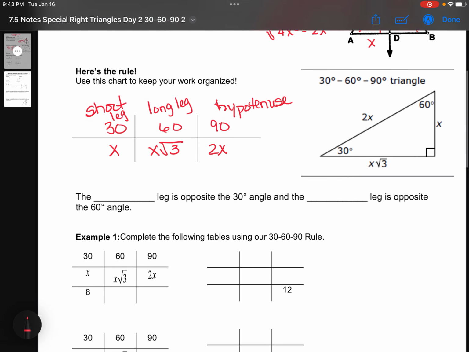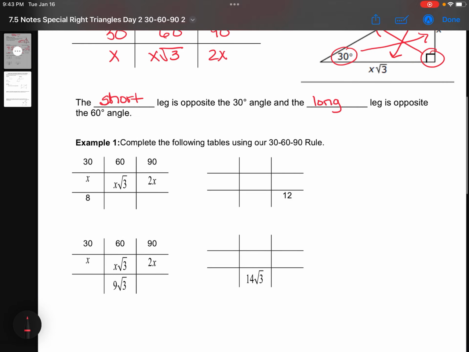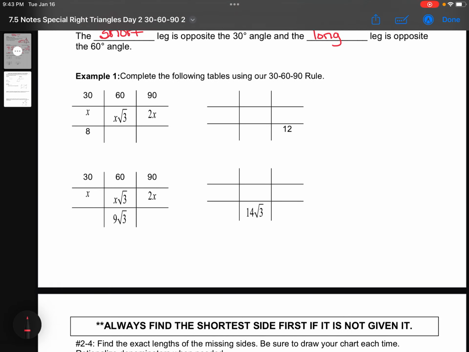Okay, so the short leg is opposite the 30, and the long leg is opposite the 60. So remember, when we say 30, we're talking about x. When we say 60, we're talking about that. And when we have the hypotenuse, it's across from the 90. So here's what our table looks like.